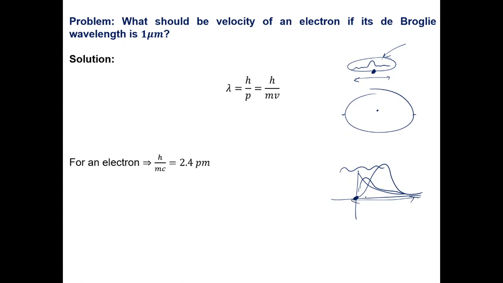But if the particle is much bigger than the wave associated with it, then the probability of finding the object extracted from quantum mechanics will be the same as what you get from classical physics.